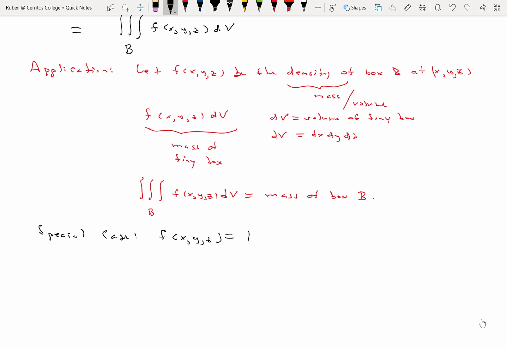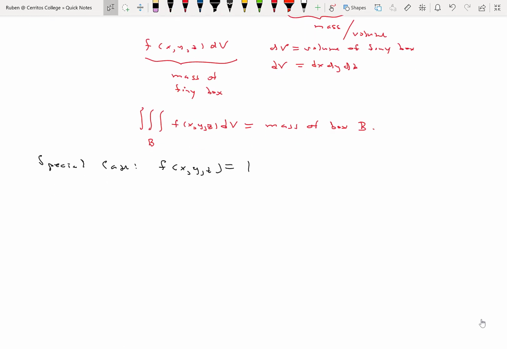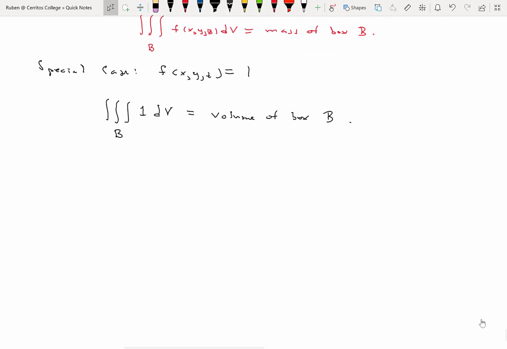If f of x, y, z equals 1, then the triple integral of 1 dV over the box B gives you the volume of the box B. We'll be using that special case as our source of a lot of problems on homework, and we'll be doing some examples in lecture 2.